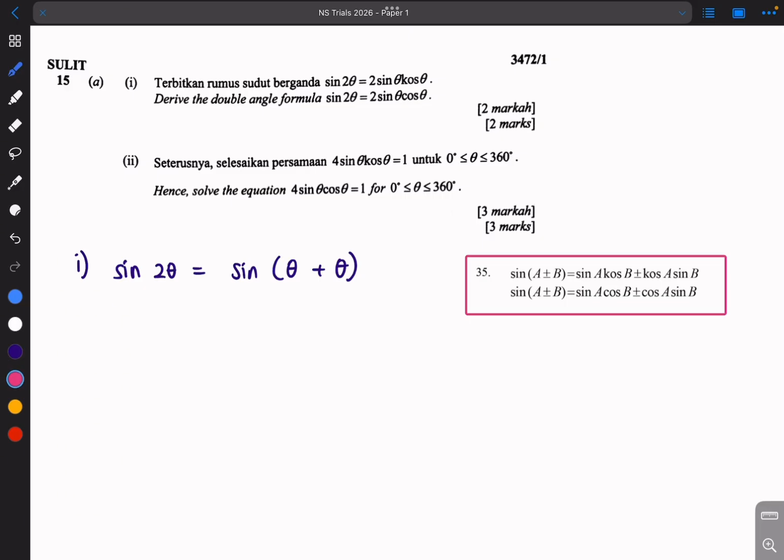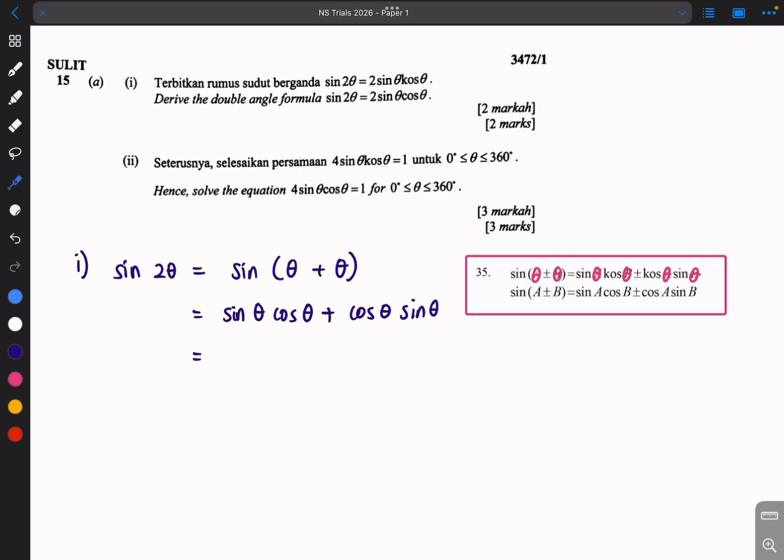So here they said sine theta plus theta, a plus b, will be, in this case both a and b will be theta. So we'll get this. So we can say sine theta cos theta plus cos theta sine theta. Okay.